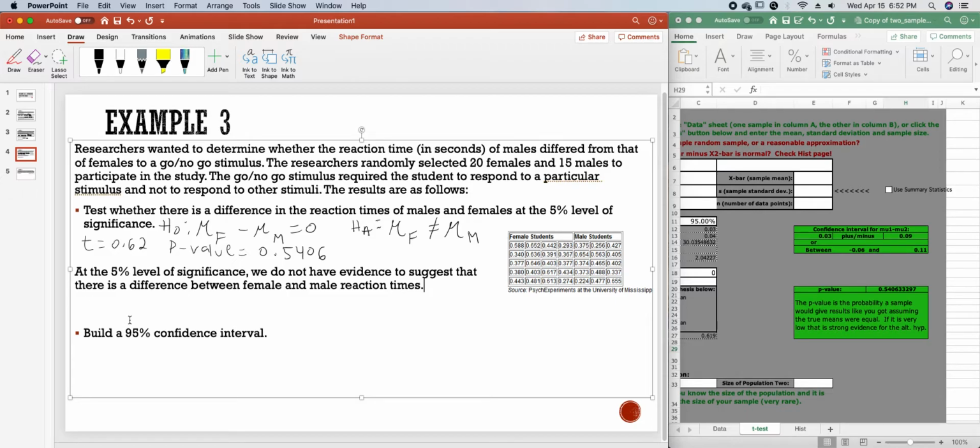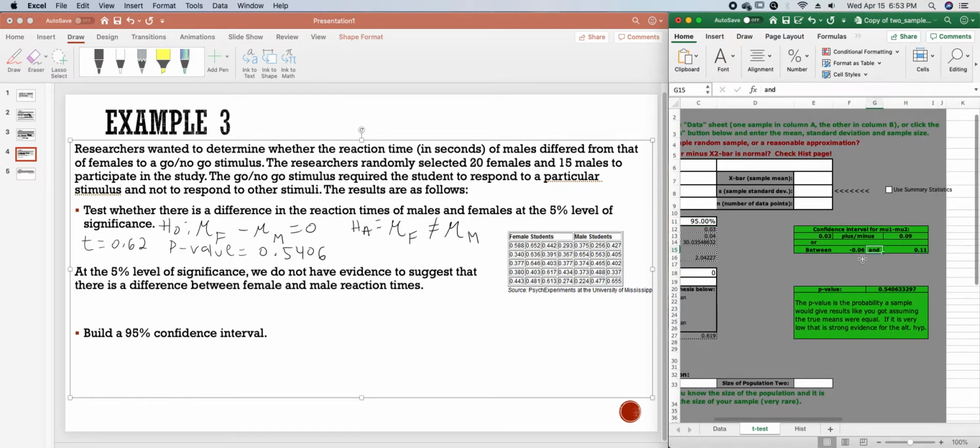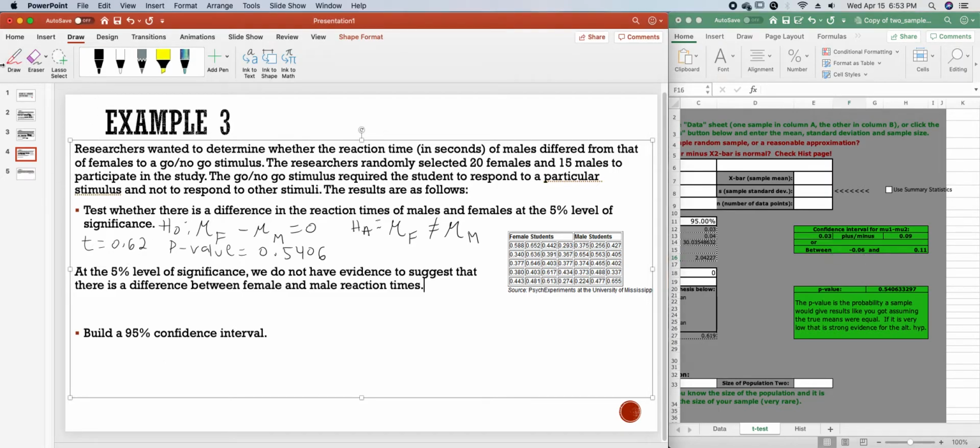For the 95% confidence interval, we could see this in the template here. We have a 95% confidence up here, and for the interval we have a lower bound of negative 0.06.